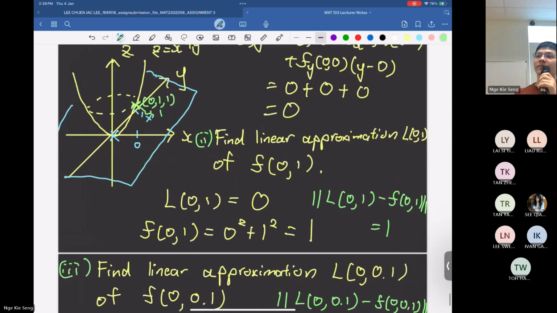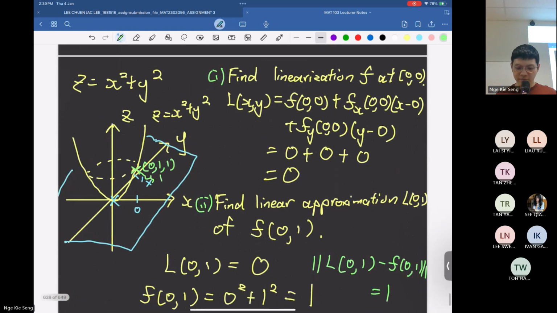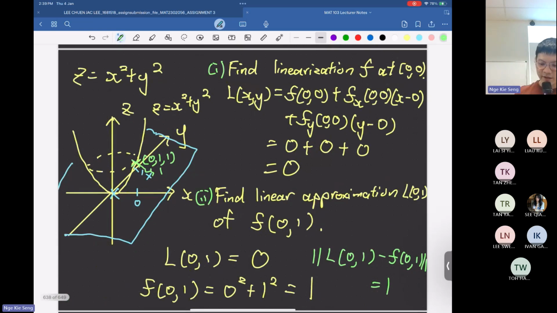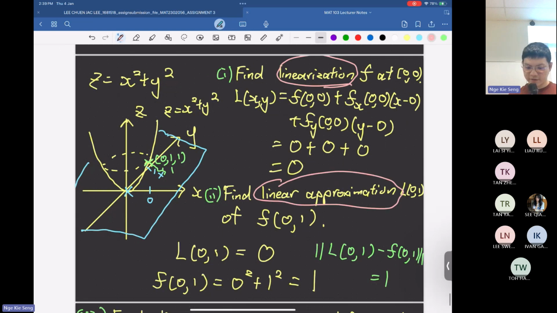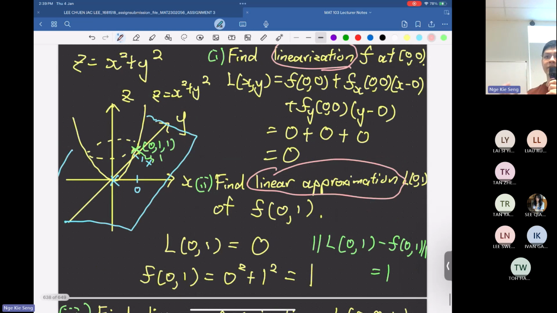So this is the difference between linearization and linear approximation. Linearization is a tangent plane. With linearization, you use the tangent plane to estimate your actual point on your surface, or the f value.